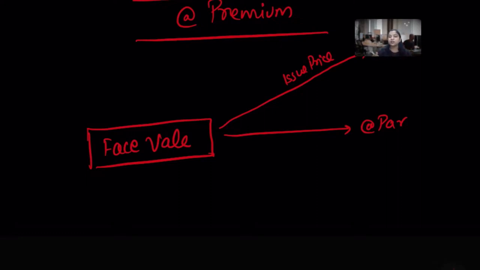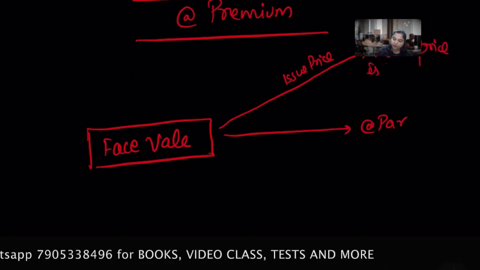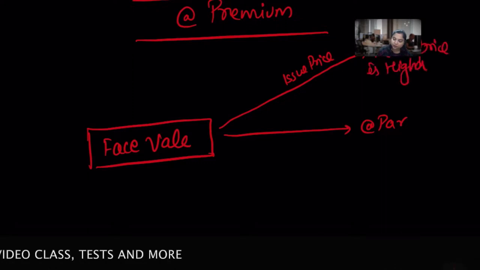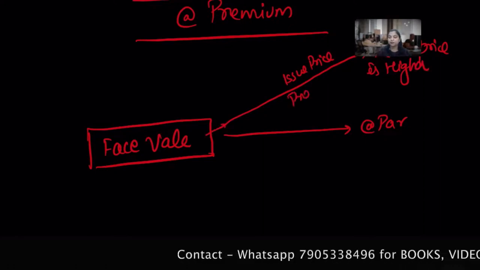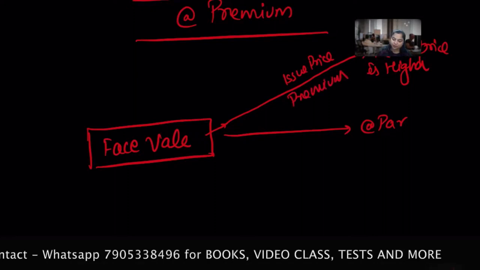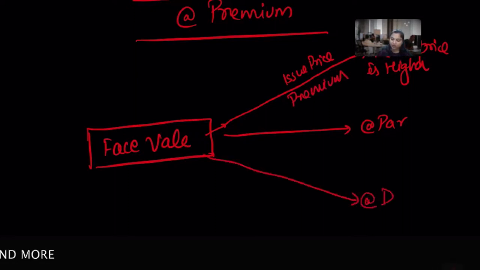When the issue price is higher than the face value, we call it a premium. And when the issue price is lower, we call it issue at discount.